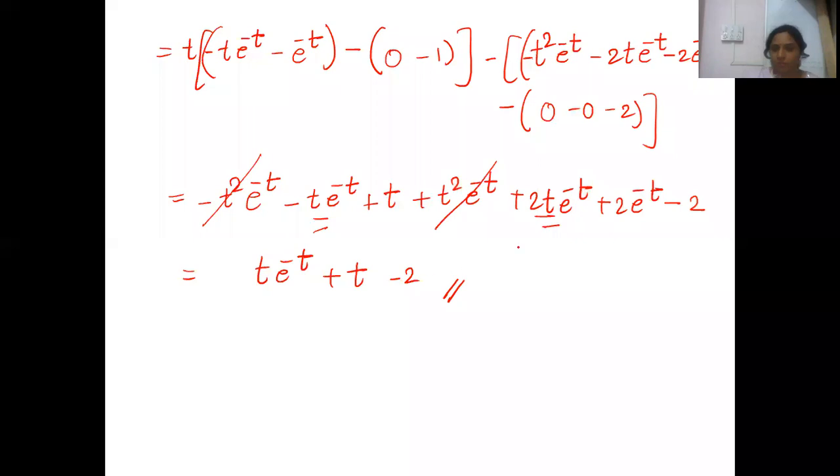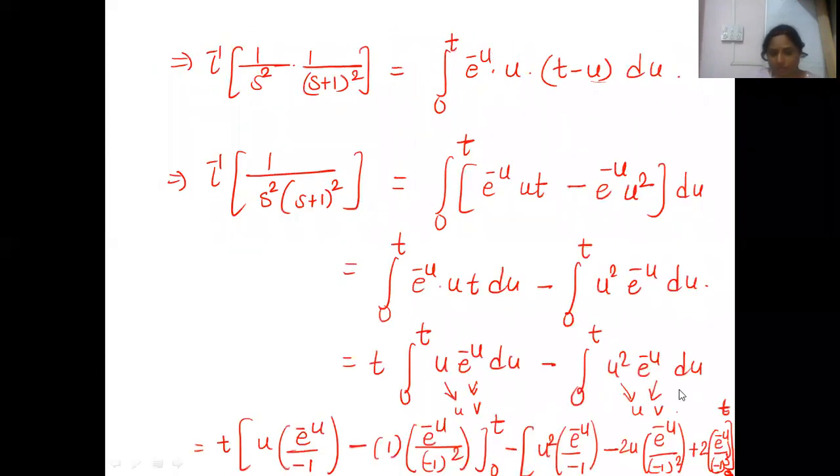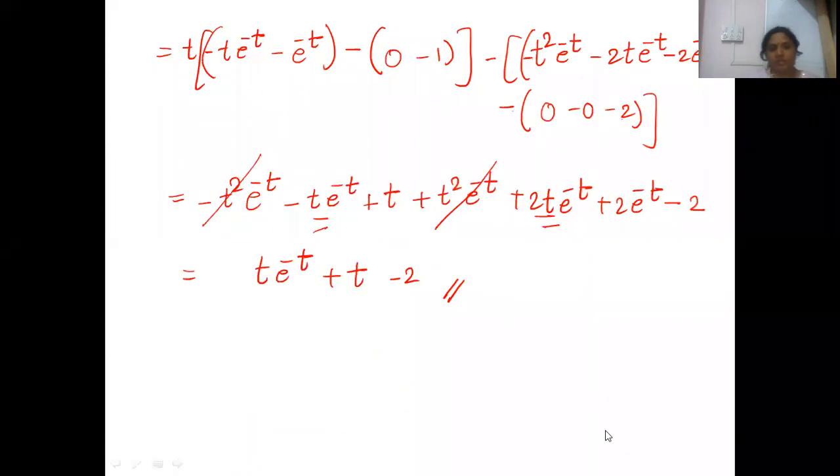Plus 2 should be there, no? Plus 2. Minus minus is plus, but there is a minus outside, no? The original minus is outside. So this minus and that plus, it will be minus. Correct? Yes, ma'am. Good. So yes, that is the answer. Any doubt you can ask now?